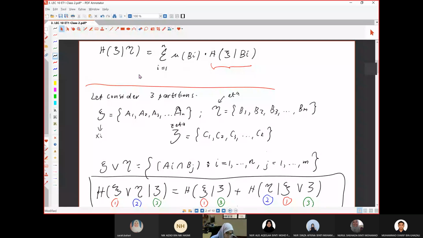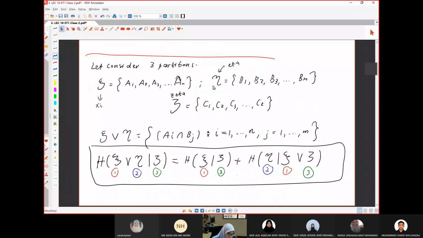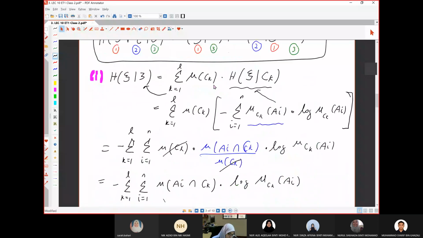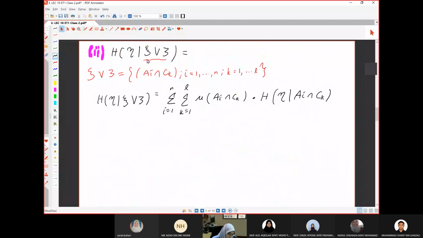The same thing we apply for our joint partition. So you know psi join with the zeta is Ai intersect Ck, so you have to use that. So you take the average of mu Ai intersect Ck and you multiply with the entropy of the second partition given that the elements Ai intersect Ck. Is that okay, this part?